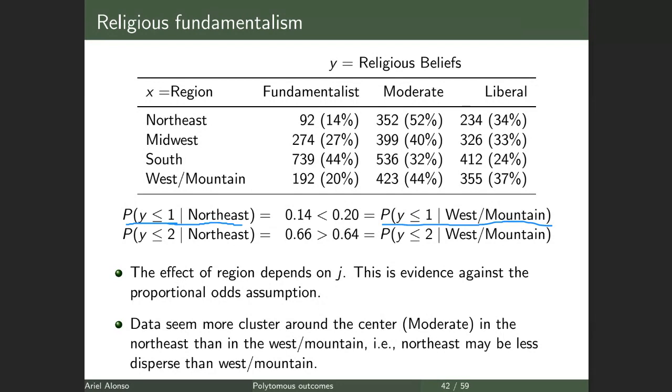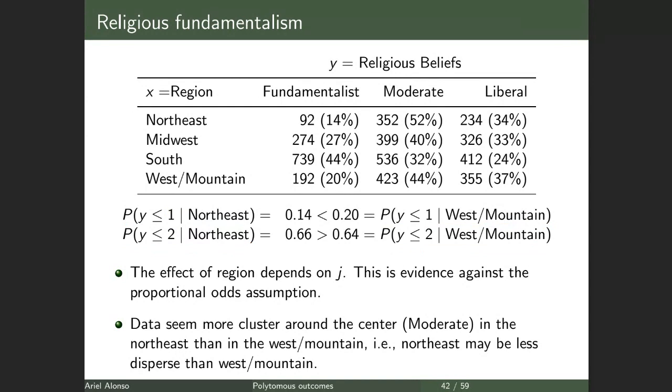Now, this probability is larger in Northwest than in West Mountain. So the effect of region seems to depend on J if you consider 1 or 2. And that means the proportional odds assumption seems to be wrong. The effect of region depends on J, thus there is evidence against the proportional odds assumption.